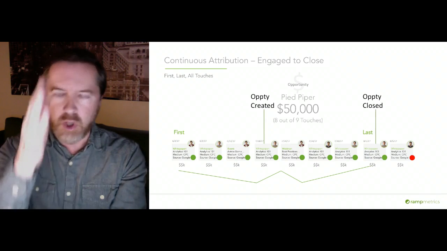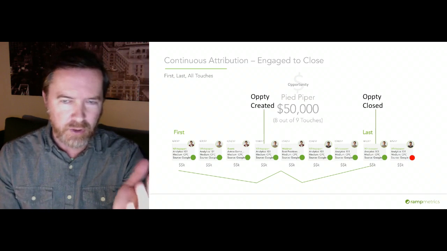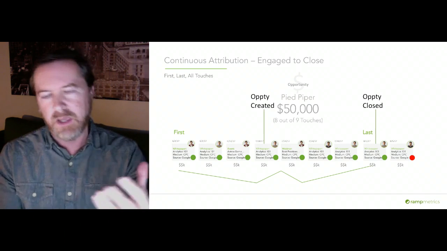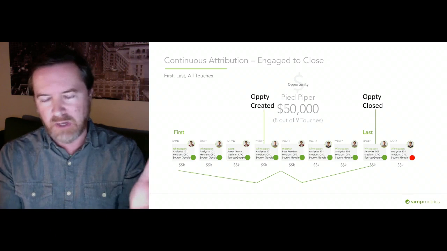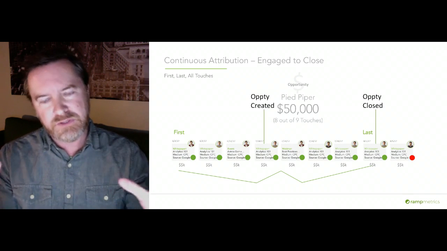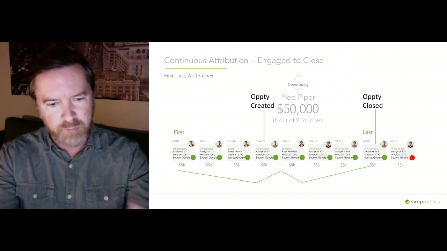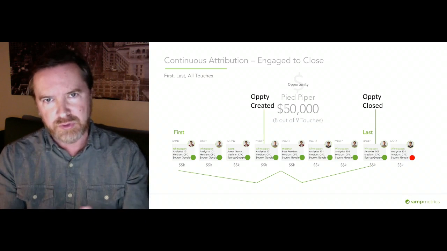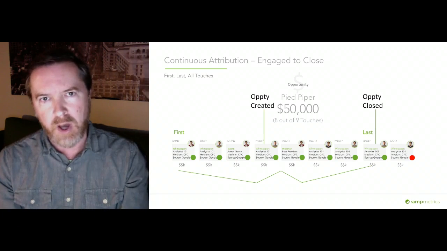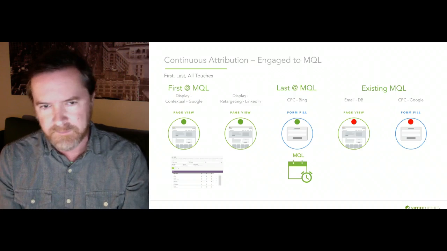If you take a long time to create the opportunities, you may prefer the engaged opportunity create. But it's really just a matter of choice. Our automated system gives you the way to see both. The other thing it's doing in terms of the attribution is there's an algorithm that does the distribution. So you see the little dollar signs here. It figures out the attribution, applies a model to that, and distributes the credit across the touches.